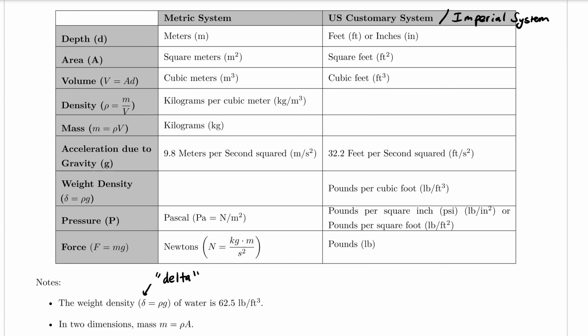The weight density of water is 62.5 pounds per cubic foot. The second note is that in 2 dimensions, mass is equal to the density times the area. In 3 dimensions, mass is equal to the density times the volume.